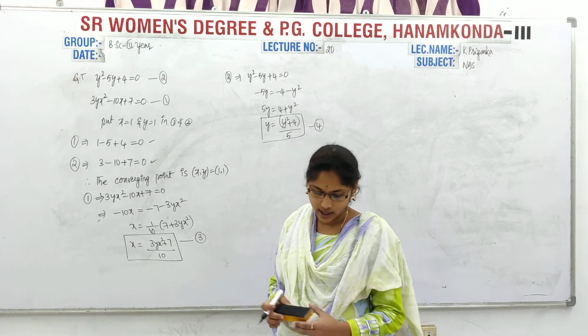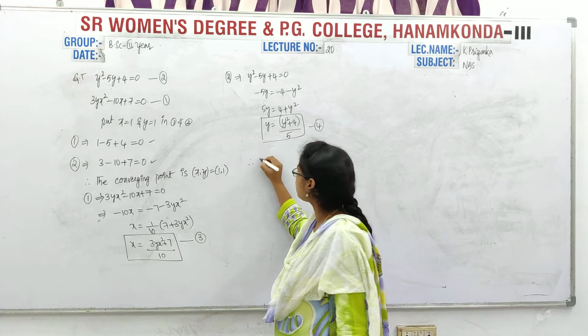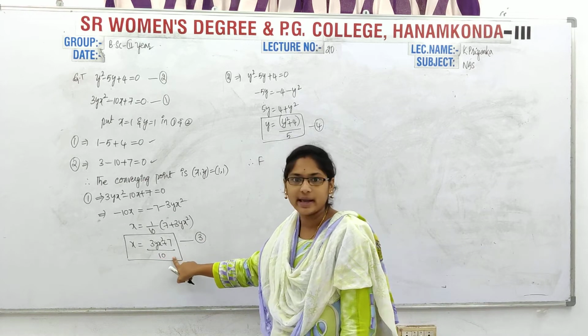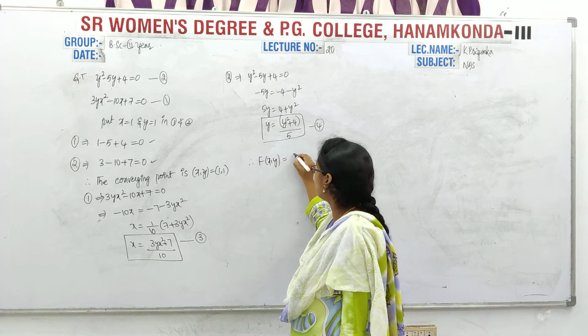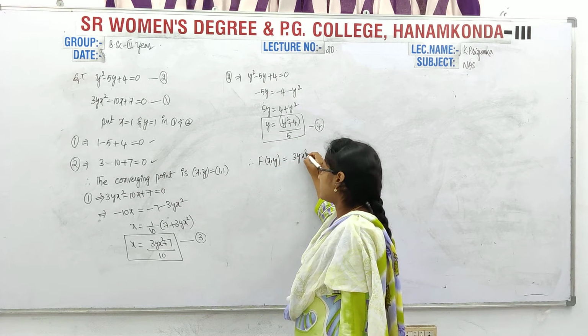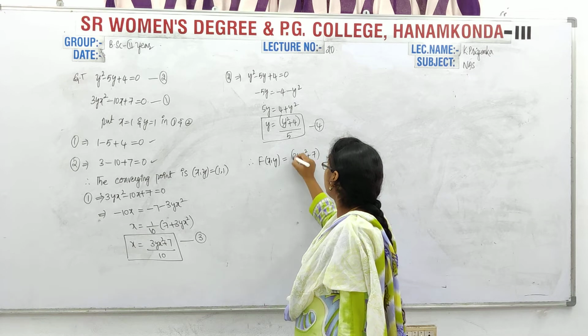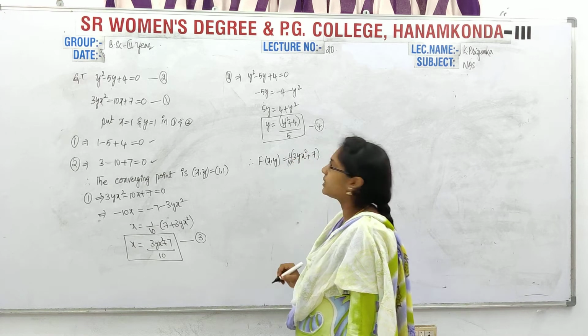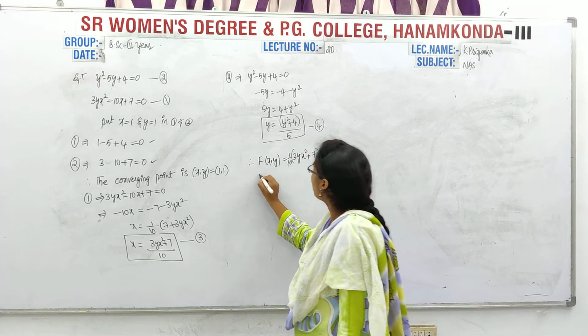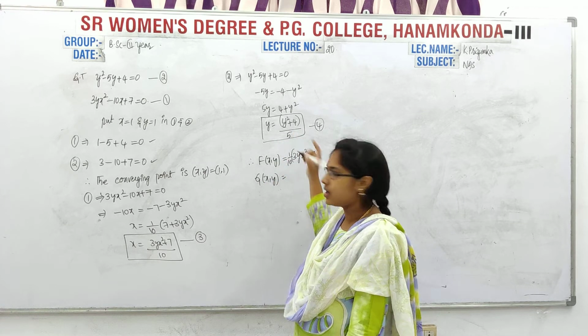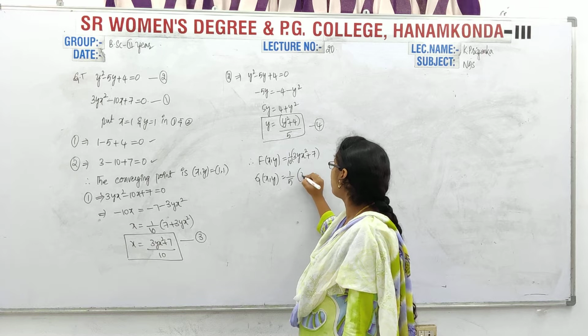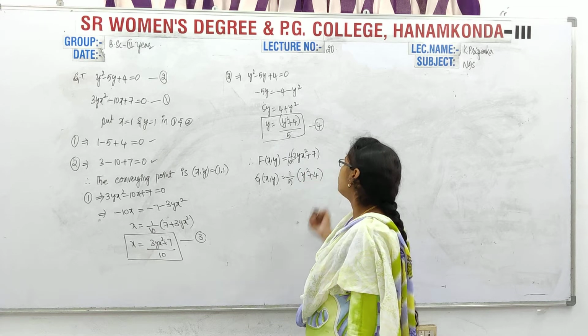Now what I have to calculate? Therefore x is equal to capital F of x, y. So now f of x comma y equal to 1/10 of (3yx square plus 7). Now g of x comma y is equal to 1/5 of (y square plus 4).